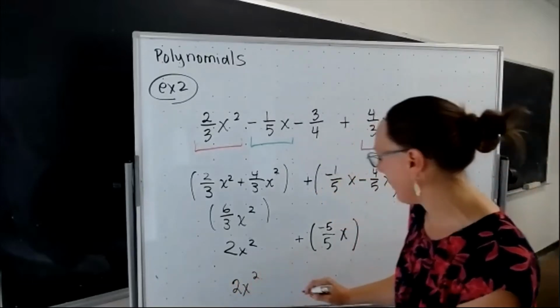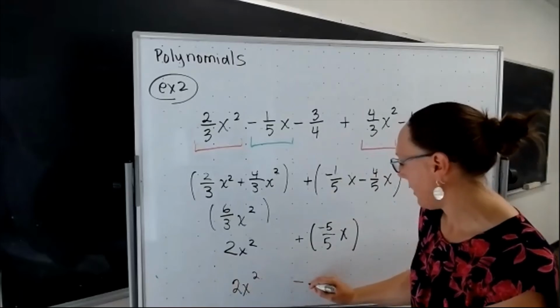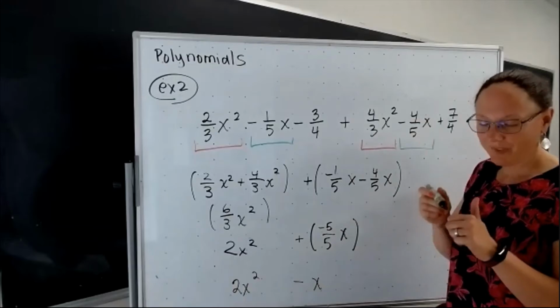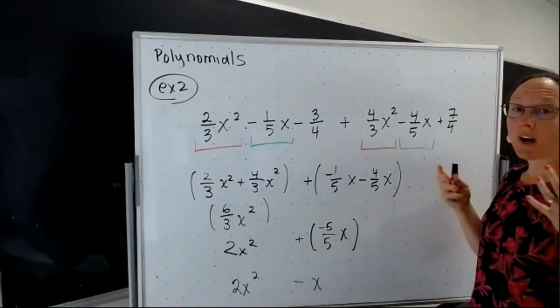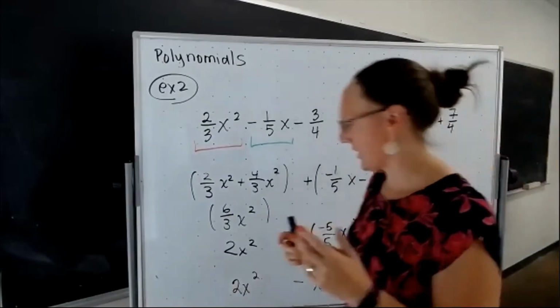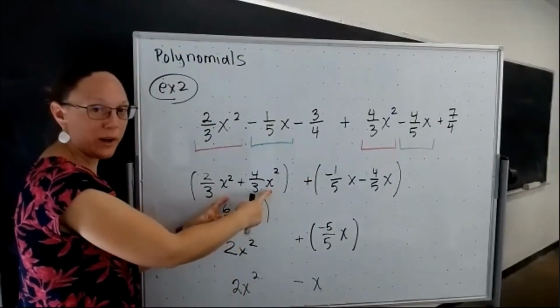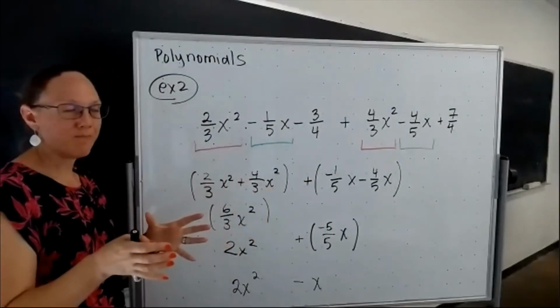And I see a question in the chat, and I am headed your way. Okay. So when we're adding these fractions, it is true that the x squareds don't change.